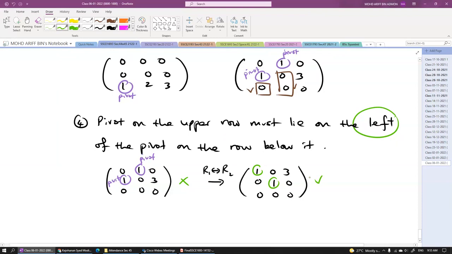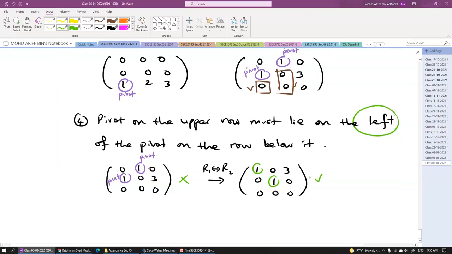But of course, you cannot have the same column for the pivots. For example, like this: this is your pivot, this is your pivot.